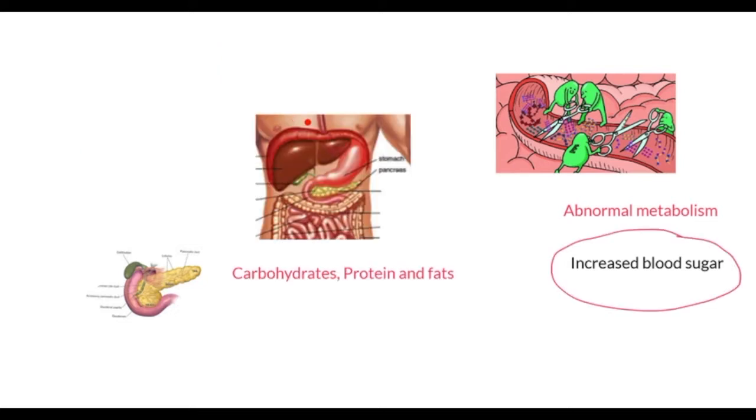When we eat food, it passes through our food pipe into our stomach, where there are several enzymes that break it down into smaller molecules. So more complex food is broken down into simpler substances.